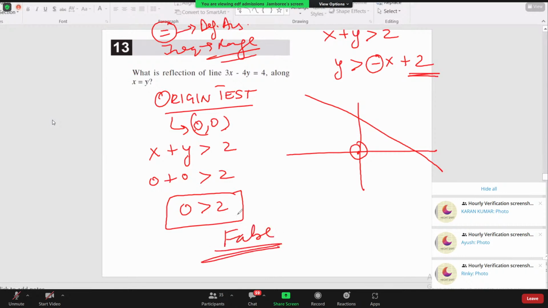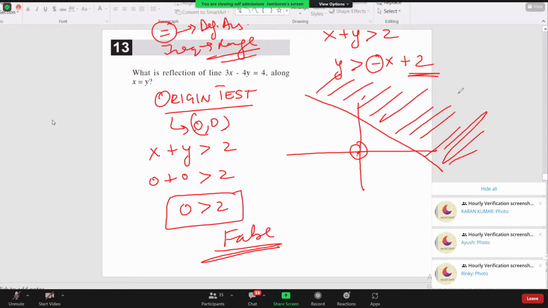That means if this statement turns out to be false, it implies 0 comma 0, which happens to be on the left hand side of this line, does not satisfy the solution set of this inequality. If 0 comma 0 does not satisfy the solution set, then all the points above this line will satisfy.